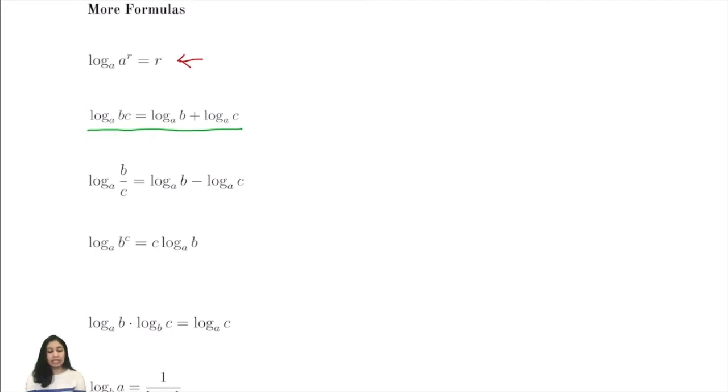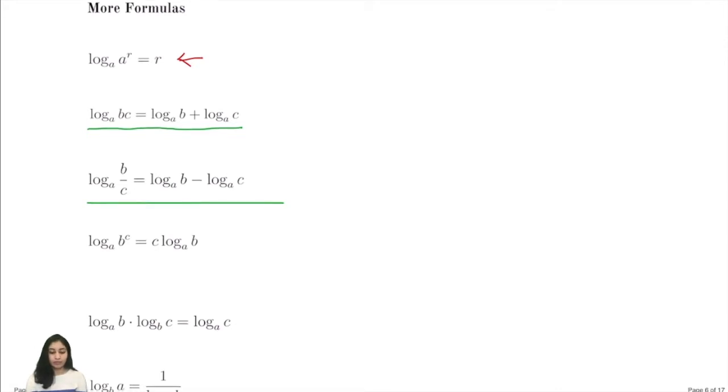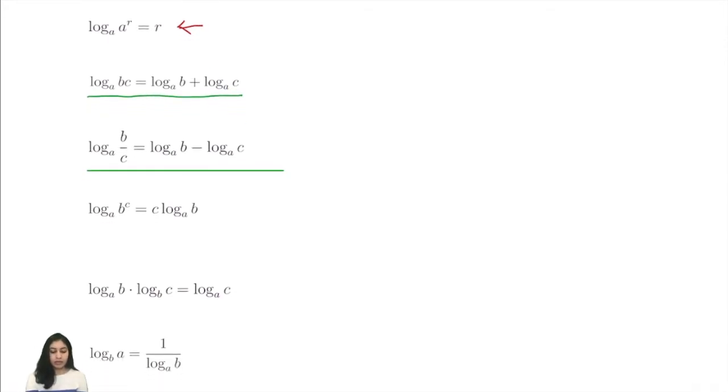This is similar but is for division, and that tells us that log base a of b over c is equal to log base a of b minus log base a of c. This is for exponents, and it tells you that log base a of b to the power of c is equal to c times log base a of b. So basically you just pull this exponent and move it to the front.